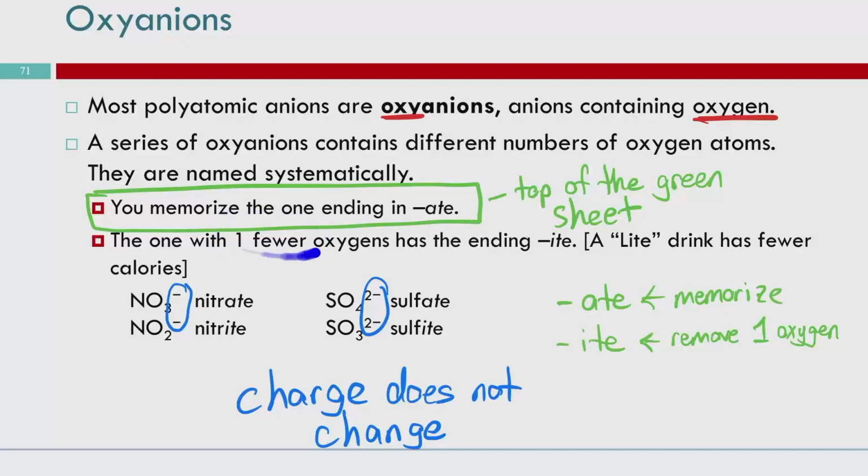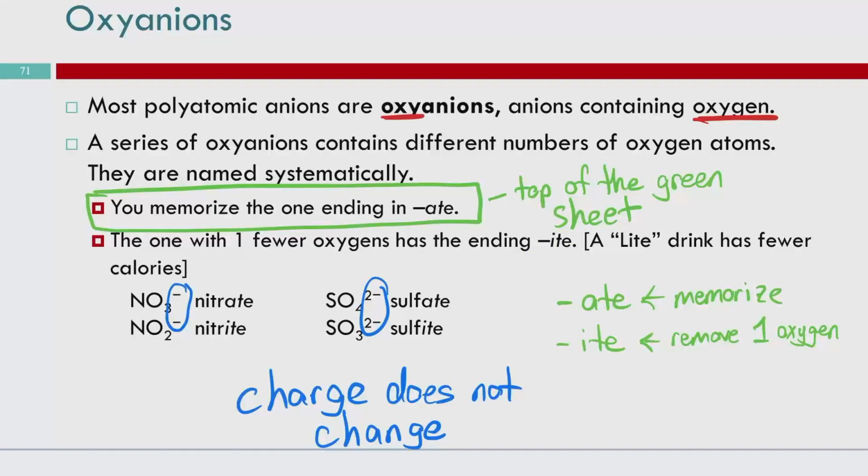There's also a version where you have 1 fewer oxygen. So a lot of those, they either have 3 oxygens or 4 oxygens. If you pull one of those oxygens off, so if it normally has 4, like in sulfate, if you take 1 off, now we've got 3, and we change the ending to ITE. The ITE is the light version.